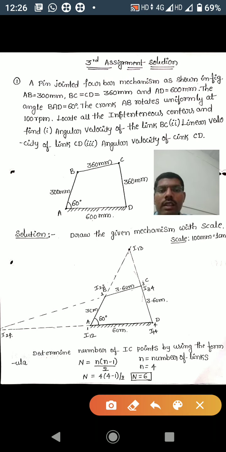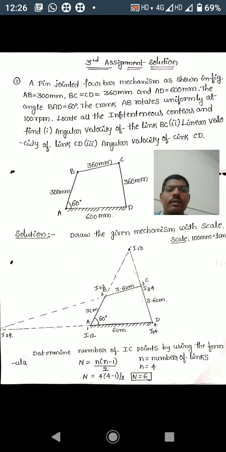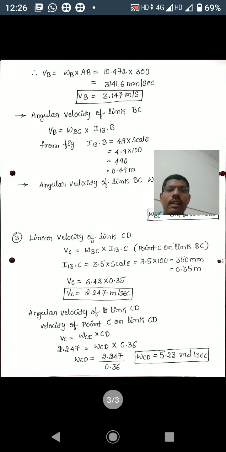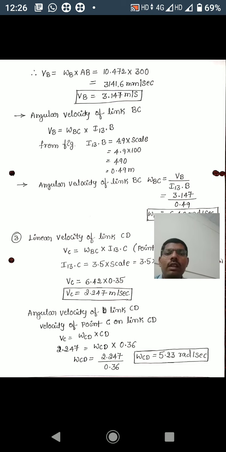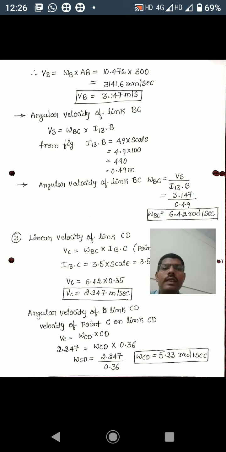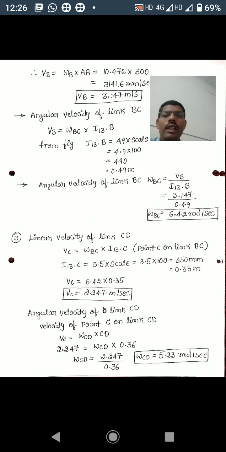Take that value 4.9 centimeter and multiply by the scale: 4.9 into 100, you will get 490 millimeter or 0.49 meter. If you substitute in the formula omega BC, you will get the angular velocity of the link BC.